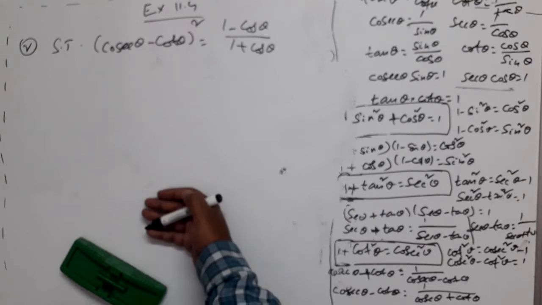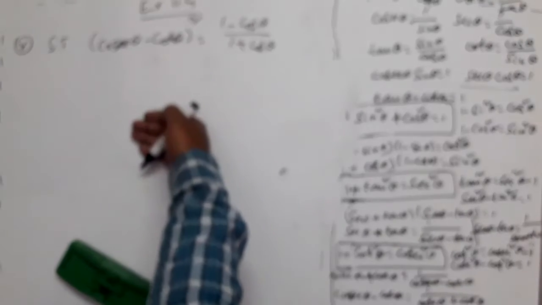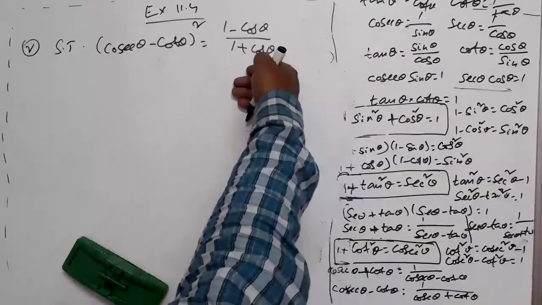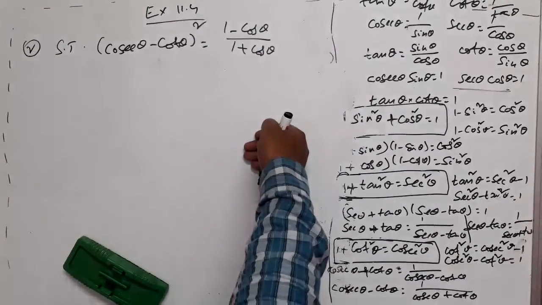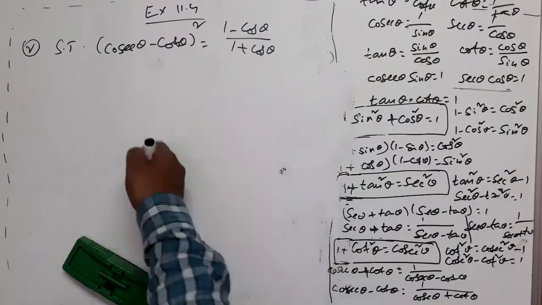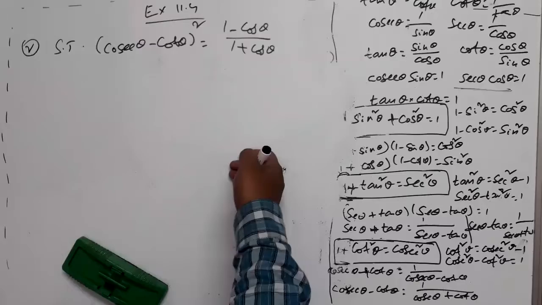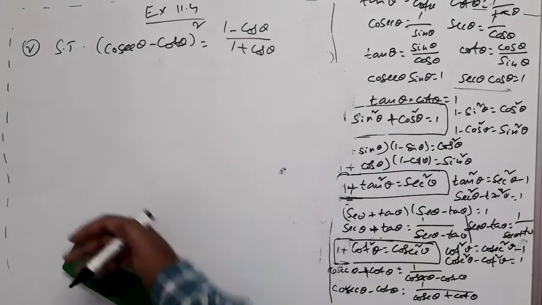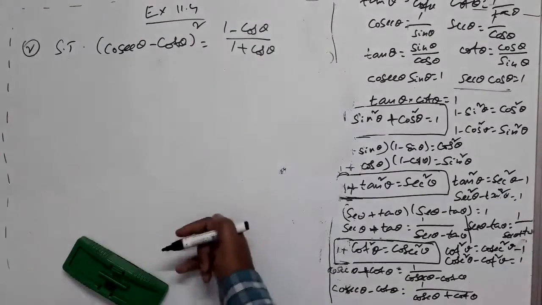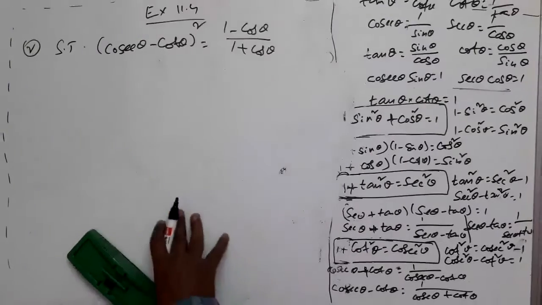Or start at LHS, simplify or modify to some extent, leave it. Start at RHS, simplify or modify to some extent, leave it. Show that the resultant terms or values are equal. So hence proved that these two are equal. That is the third method. Any of these three methods you can use, right?